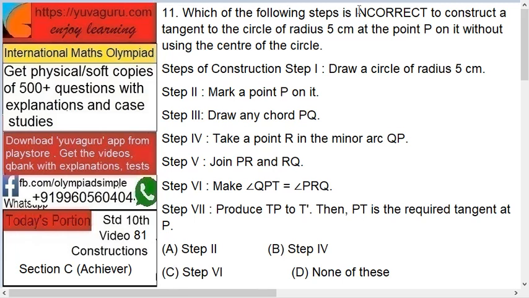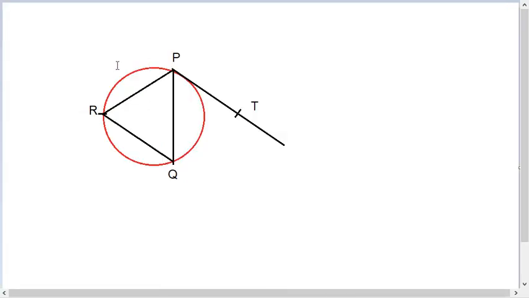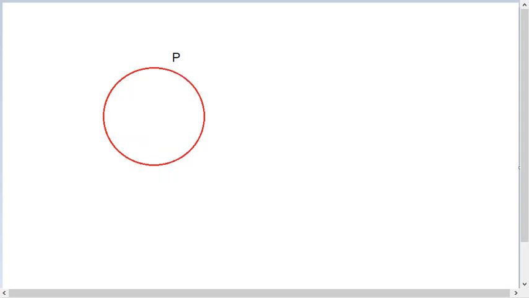Which of the following steps is incorrect to construct a tangent to a circle of radius 5 cm at a point P on it without using the center of the circle? See this, there is a circle and we have to draw a tangent at point P. That is the requirement. So our first steps are like this.